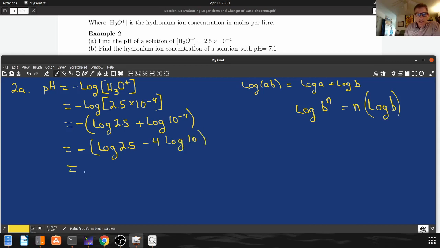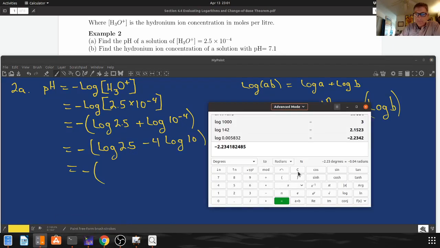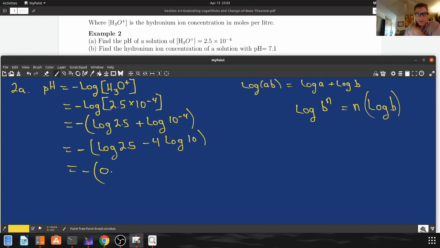So now let's get out our calculator. The log of 2.5 is about 0.4. That's close enough. 0.4 minus 4.